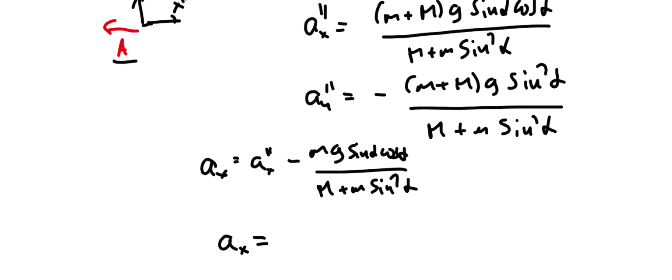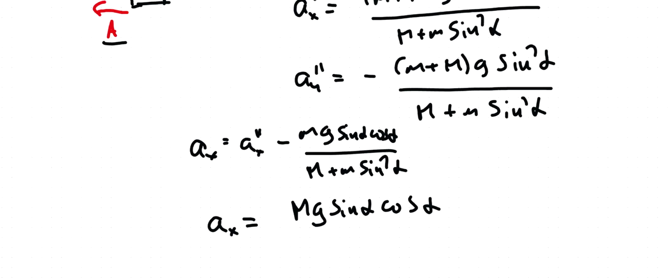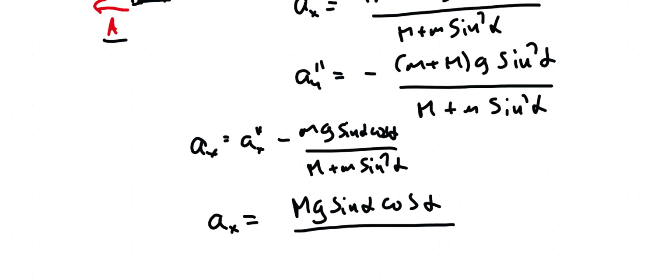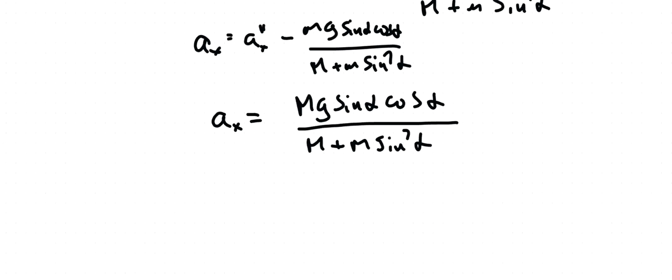So in other words, our final result for a x is mg sine alpha cosine alpha divided by capital M plus m sine squared alpha. At the same time, our a y remains the same, because there is no fictitious force in the Y direction.